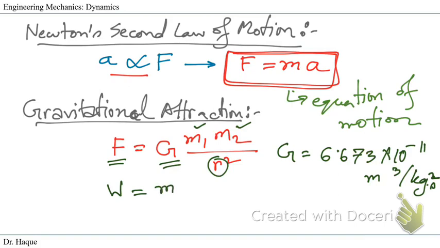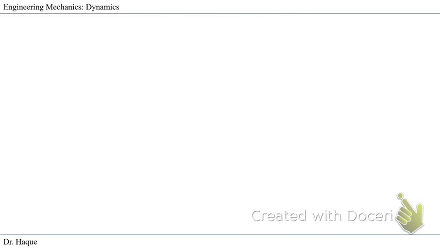So the mass of that particle, object, or person, and the acceleration, here we know it's defined by small g. It is the acceleration due to gravity. We know its value is 9.81 meter per second square. So this is the gravitational attraction.